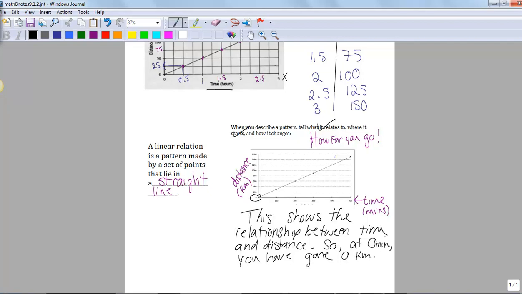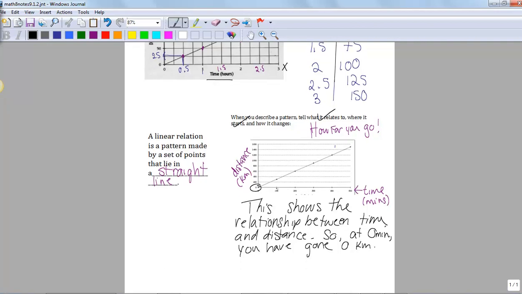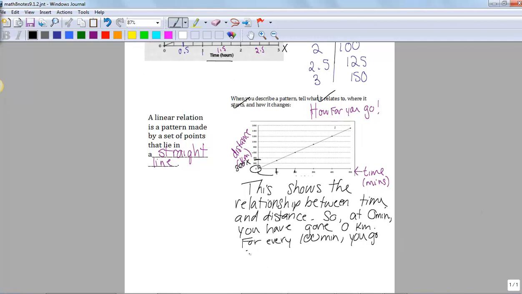And then how it changes. This is a little bit trickier. So in 100 minutes, you go 300 kilometers. Sorry, it's so small. So 200 minutes, 600 kilometers. It looks like for every 100 minutes, I go 300 kilometers. So that's what I'll say. For every 100 minutes, you go 300 kilometers.